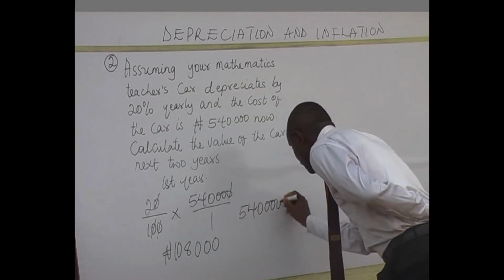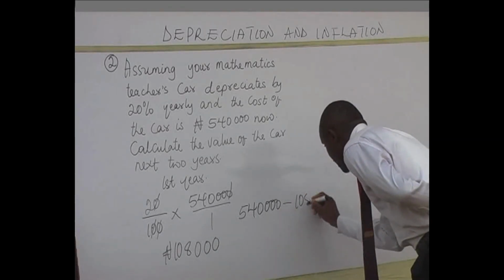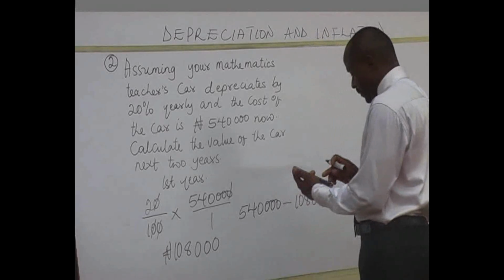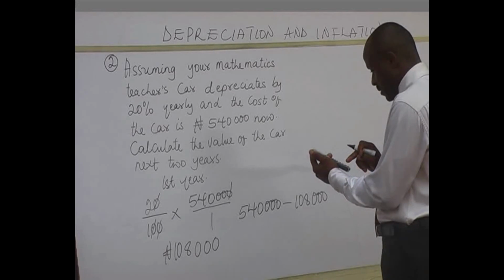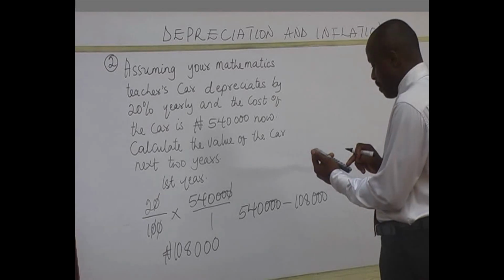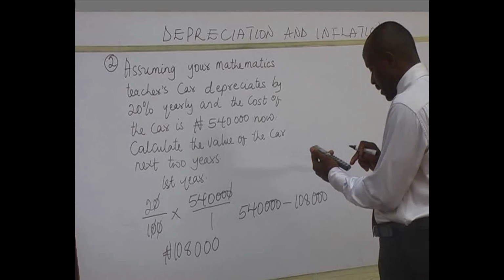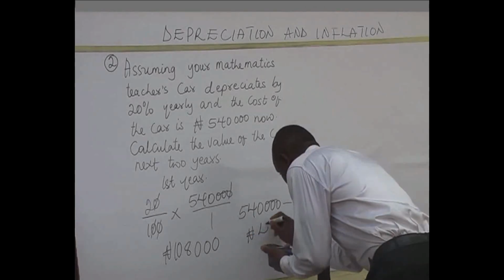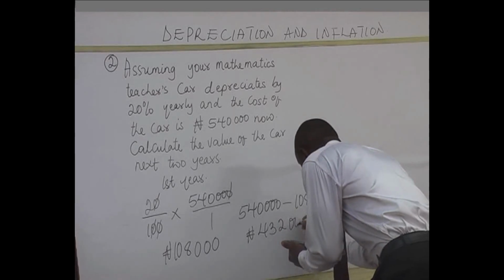Now the value next year is not going to be what the value was originally, which is 540,000, but minus what it depreciated by, 108,000. Use your calculator. 540,000 minus 108,000 is giving us 432,000 naira.